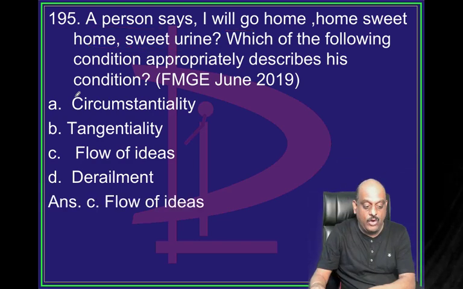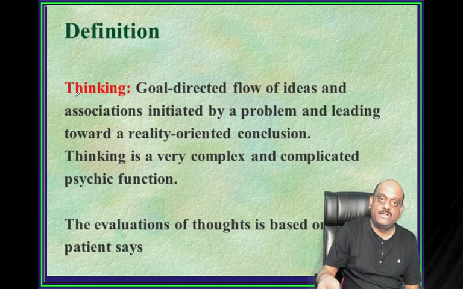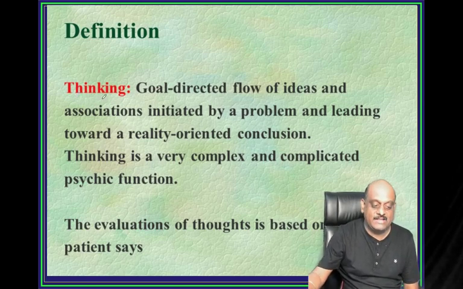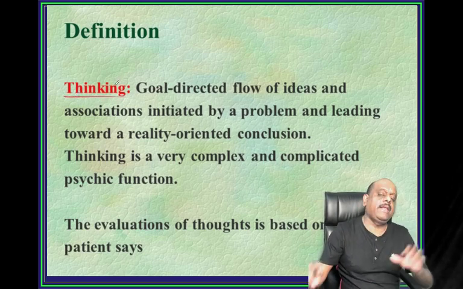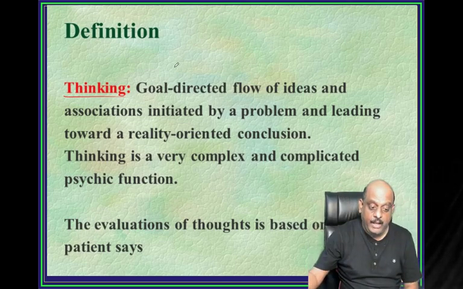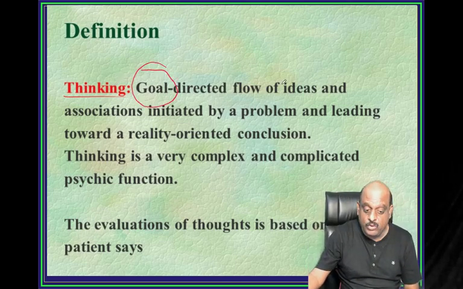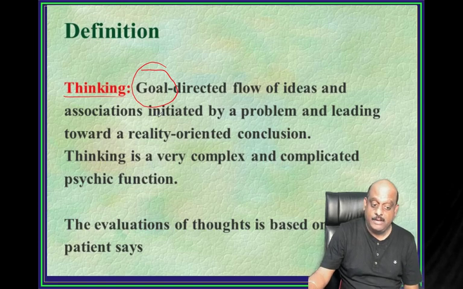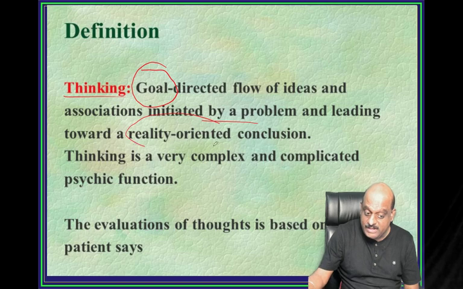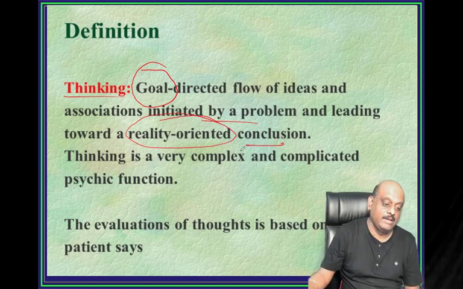Excellent. Flow of ideas. Let us study some psychiatry jargon. What is thinking? A goal-directed flow of ideas initiated by a problem and leading towards a reality-oriented conclusion is called thinking.